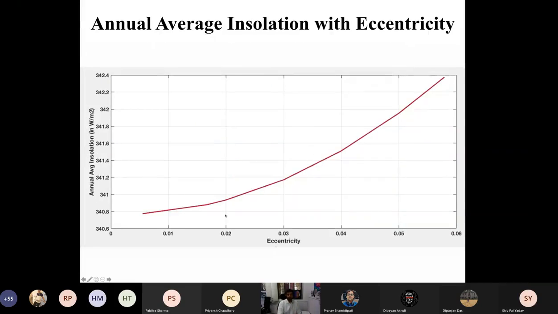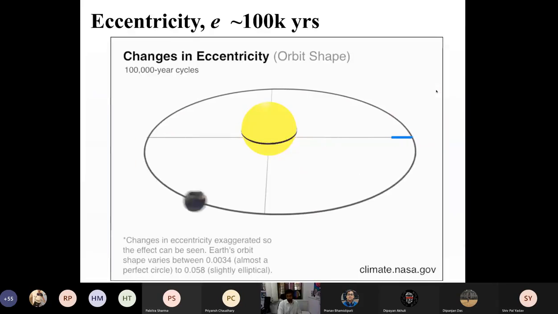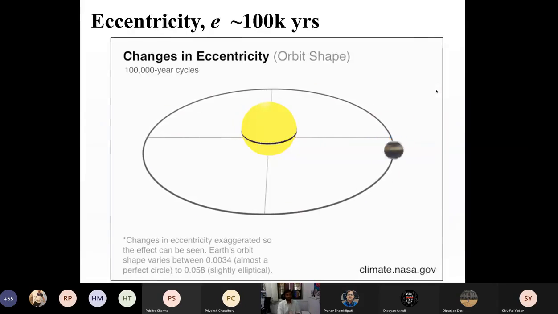Okay, and that can be summarized in the annual average insolation, that is watts per meter square, over the eccentricity like this. As the eccentricity is increasing, the annual average insolation is changing. So keep that in mind. That is the effect of eccentricity that we have. Okay, this is the shape of the orbit.